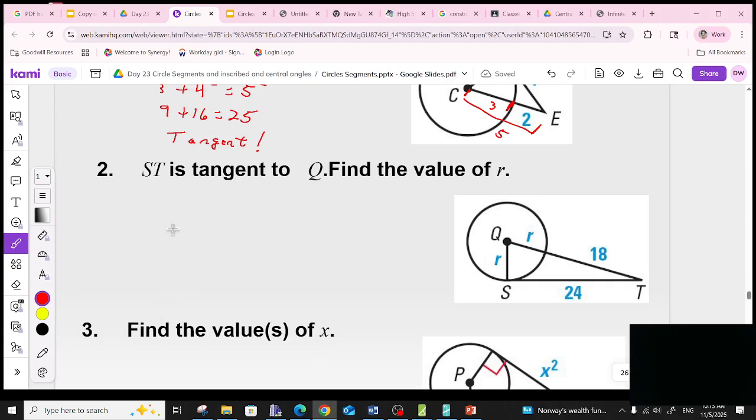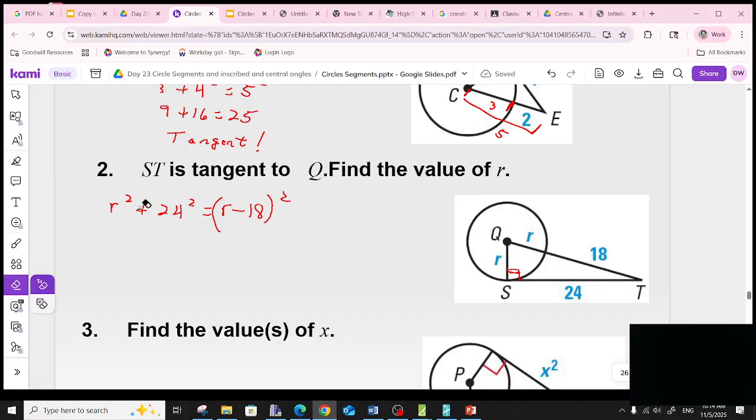So like here, we're trying to check to see if this is 90 degrees, right? So is r squared plus 24 squared equal to r plus 18 squared, right?